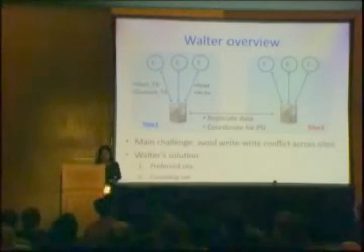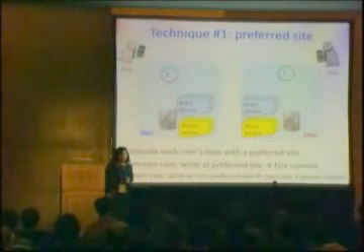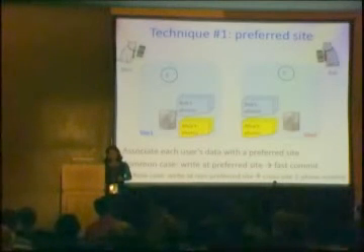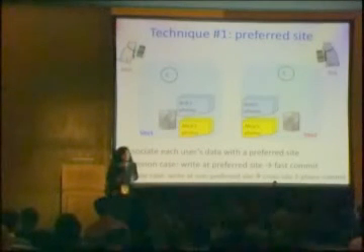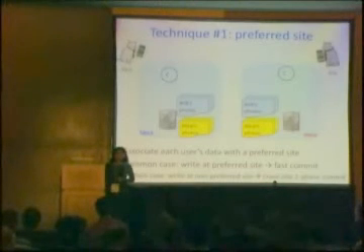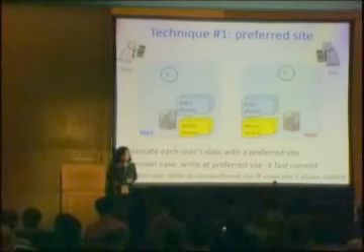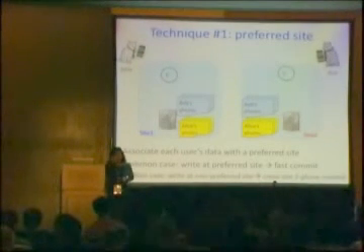So the first technique, preferred site, is based on the observation that in almost all of the web applications, we can structure the application such that most of the writes can be directed to a single site. In my Catbook example, I can direct each user to log into a single site where he or she is going to modify her data.